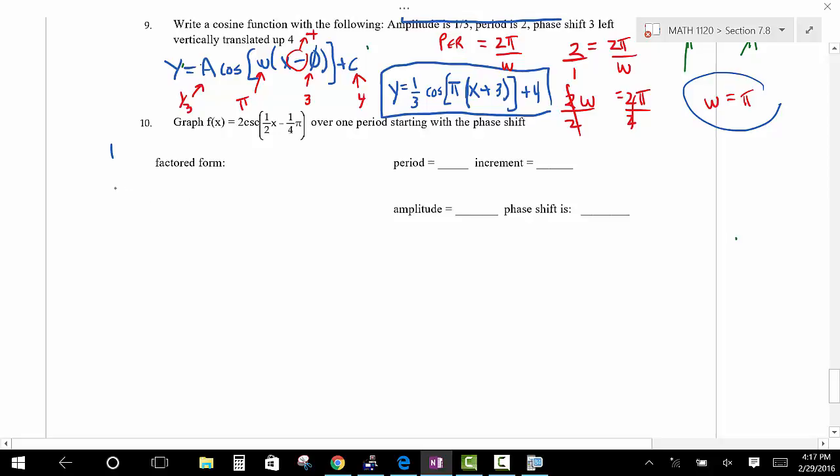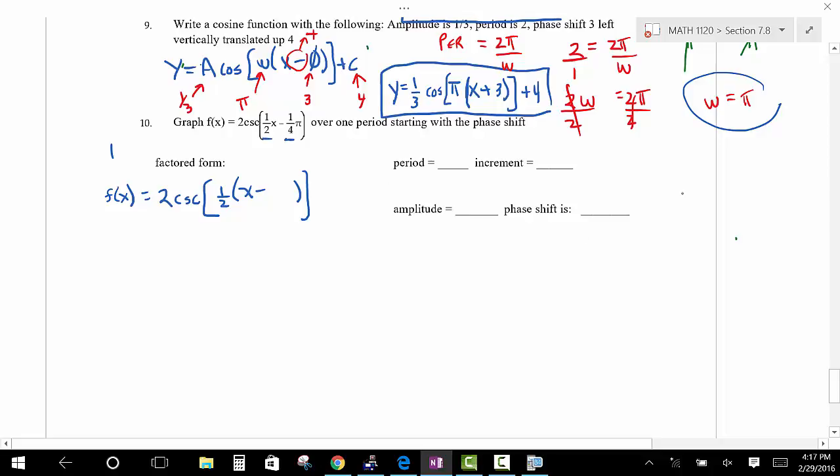So first of all, let's do the factored form. We're going to have f of x equals 2 times the cosecant, factor out the 1/2, and then figure out what goes inside. Now what have you been doing when you take the 1/2 out?